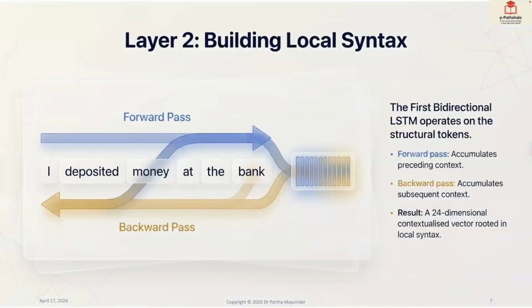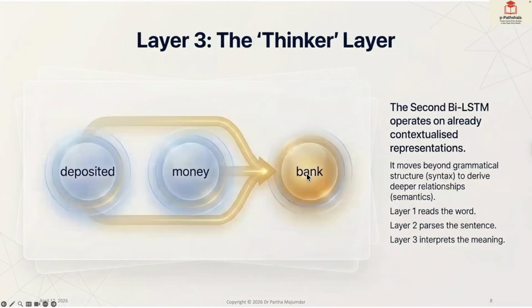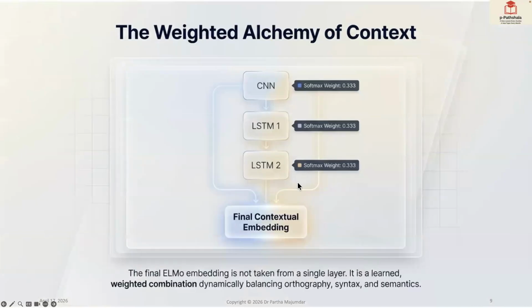And then I made an LSTM's forward pass, in which I'm finding the context, first the syntax, and then the semantics by layer 3. So this is my complete neural network. Ultimately I get my contextual embeddings.